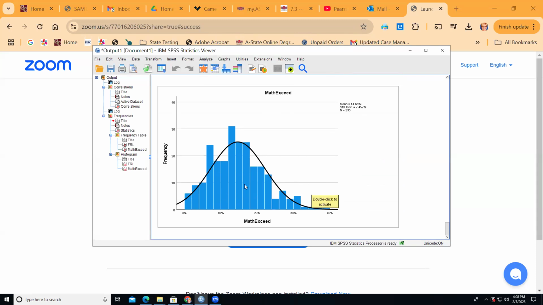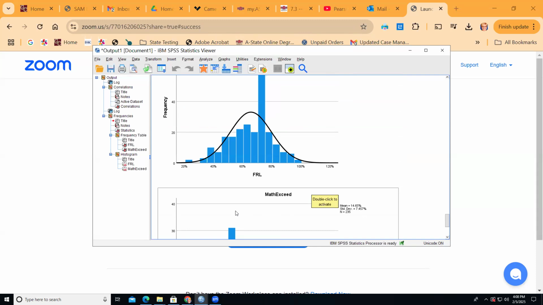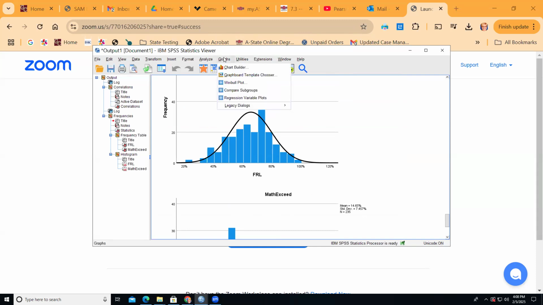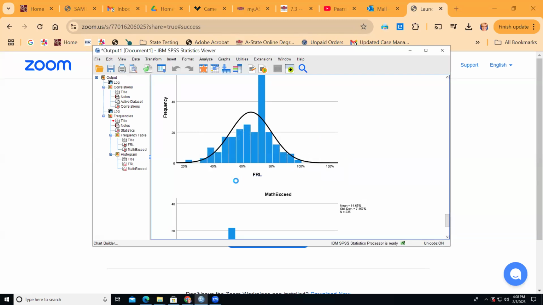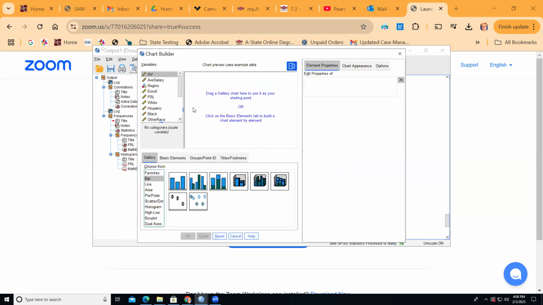And then to check for linearity, we're going to create a scatter plot. I will go to Graphs and then Chart Builder. And click OK. Okay.